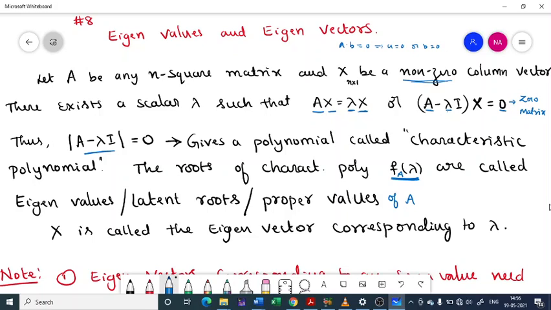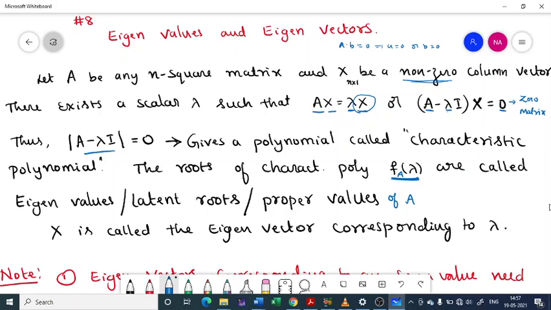So given any matrix, we take A minus lambda I, then we find its determinant, that gives a polynomial of degree n. Then solving that polynomial, you get roots of that polynomial. Those roots are called eigenvalues of A. And this x that we initially considered, that x is called the eigenvector of the matrix A corresponding to lambda.